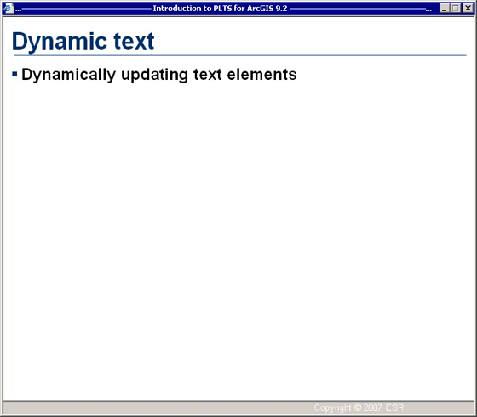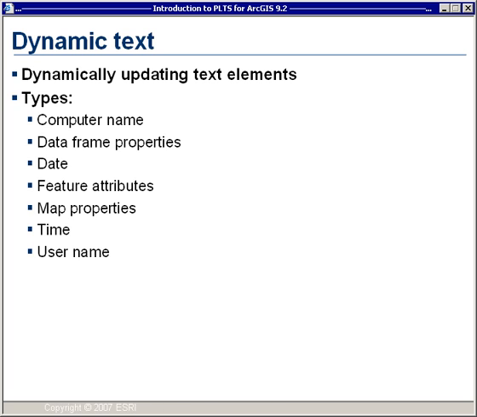Dynamic text is text in a map layout that will automatically change based on attributes either from layers in a data frame or properties of the map document, or even computer properties. Types of dynamic text include computer name, data frame properties such as spatial reference information, the date, feature attributes being pulled from attribute values selected, map properties, time, and username.